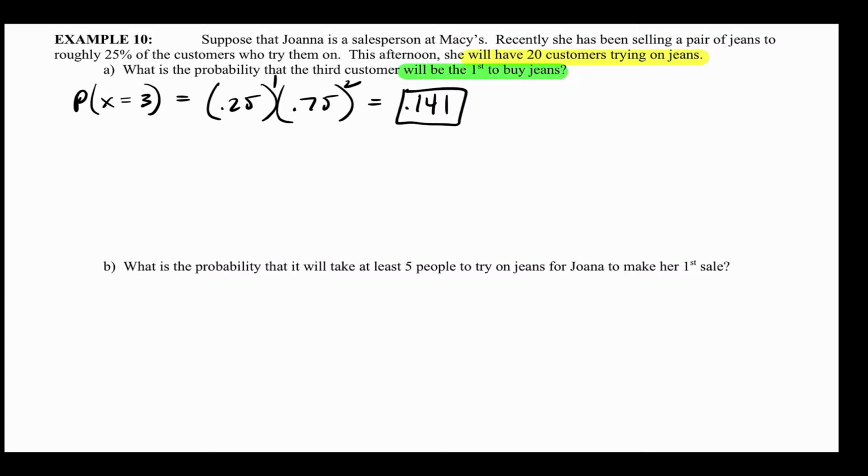What is the probability that it will take at least 5 people to try on jeans? So what does at least mean? Greater than or equal to.